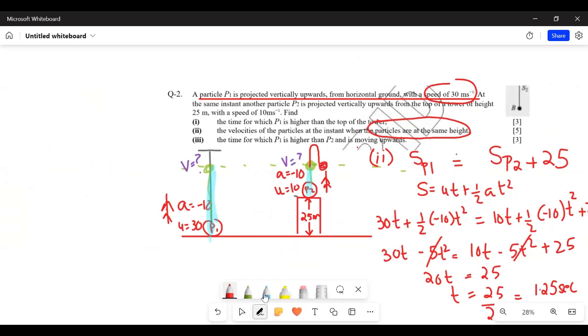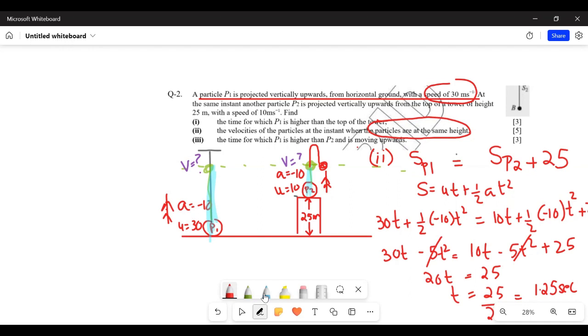At this instant, both the heights of the particles are equal. जब P2 अपना पूरा चक्कर लगा के पीक करके वापस नीचे आ रहा था, उस वक्त उसकी हाइट P1 की हाइट के बराबर हुई. ठीक है, ऊपर जाते वक्त नहीं हुई. ऊपर जाते वक्त इन दोनों की स्पीड डिफरेंट है. सो फॉर सम रीजन P2 पहले अपनी मैक्सिमम पीक तक चला गया और फिर वो नीचे जब आ रहा था तब उसकी हाइट और P1 की हाइट बराबर हुई. इसी वजह से P2 की जो वेलोसिटी है वो नेगेटिव आ रही है, क्योंकि वो नीचे जा रहा है उस वक्त और P1 तो ऊपर ही जा रहा है.